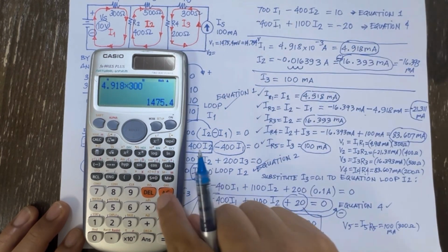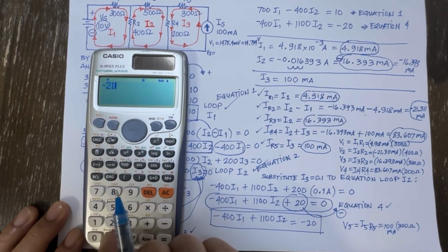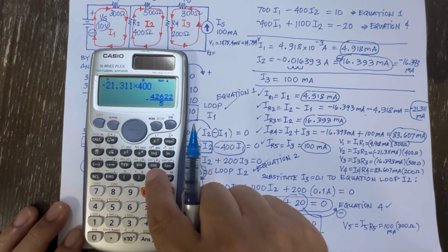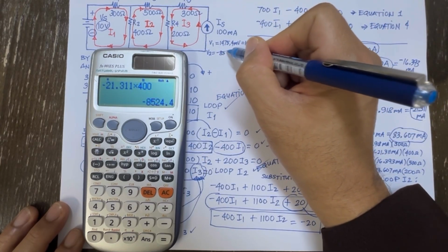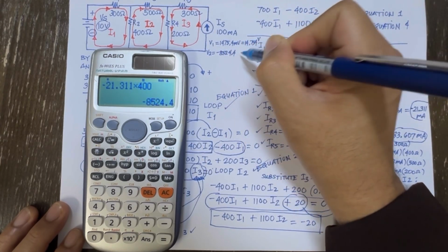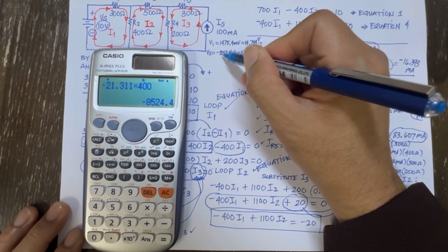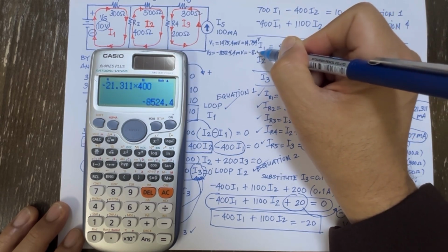And for V2, let's multiply the two values. Negative 21.311 multiplied with 400. We got negative 8,524.4 millivolts, or this will become negative 8.5244 volts.